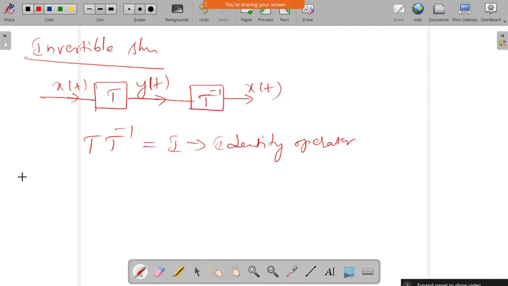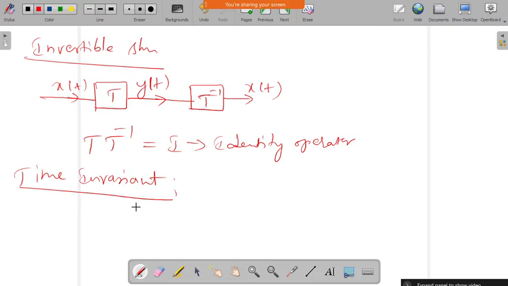The next one is time invariant, which is also a very important property. What is meant by time invariant? If we put a time delay or time advance, that is a right or left shift, on the input signal, the same amount of shift should happen at the output side.